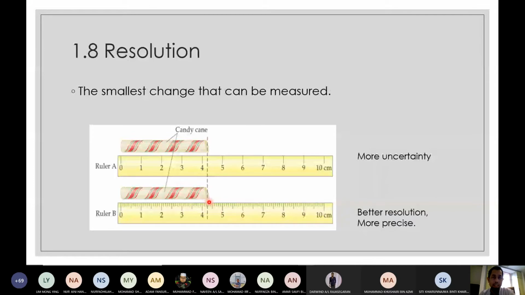We can get it to a few millimeters, and we have a smaller range of tolerance compared to this one, where we can only estimate roughly the value in centimeters. Maybe we can assume in this example, we can take it as 4.2 centimeters if you use ruler A. But here you can be a little bit more accurate. Maybe you can say it's around 4.25 centimeters.